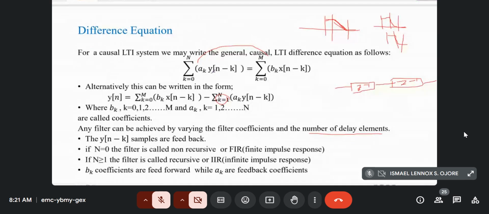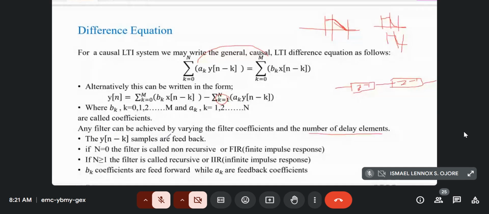Now you're familiar with both forms. One form is where you express this summation, and the other case is where you express y of n as a difference of these two summations. Yeah, and we talked about this.